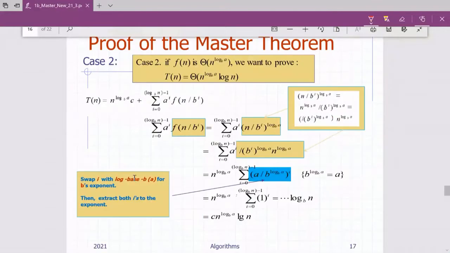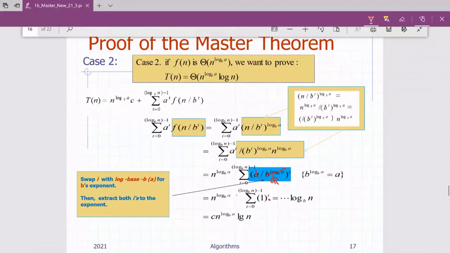See here, swap, okay, and we will extract i. So because b^(log_b a) equals a, that means this item will be a. Okay, a and a will become 1, to the power of i.